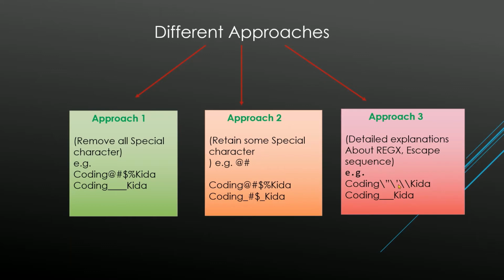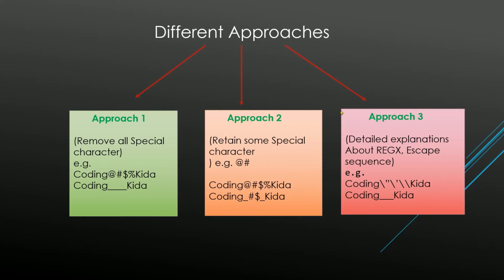We create our own regular expression, and with the help of that we can replace whatever special characters are present inside the string. So these are the three different approaches, and we go step by step from the basic step to the advanced step, from approach 1 to approach 3. I will explain step by step how we can do these things.